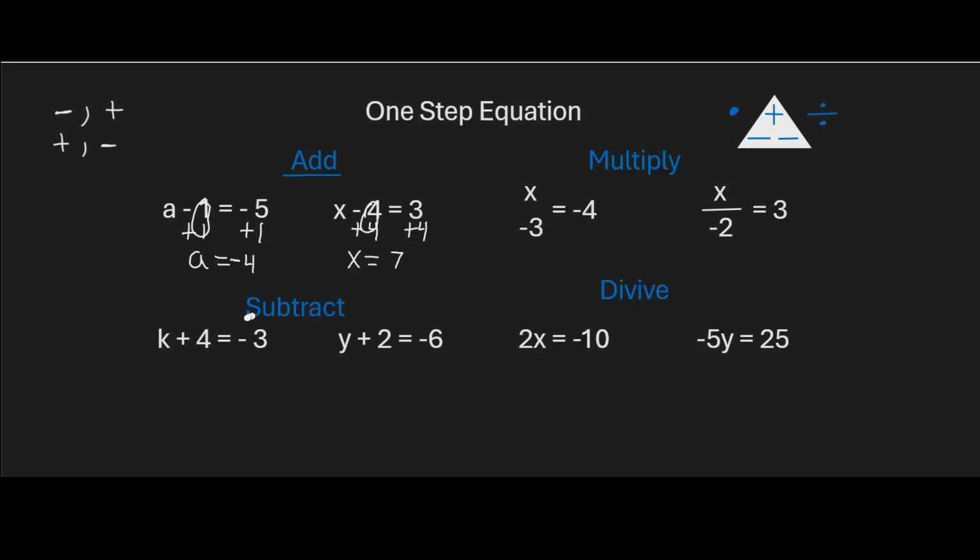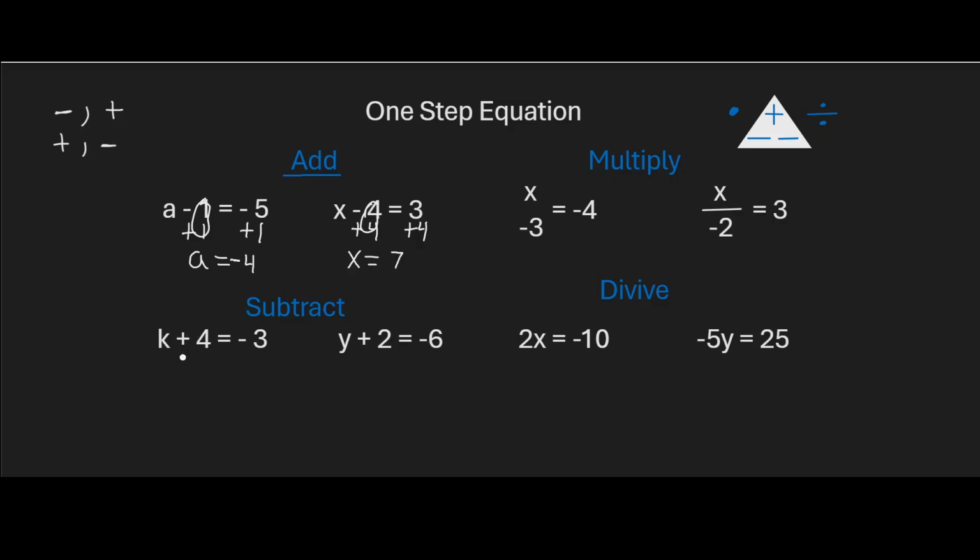Now, for the next one, you see how we're adding 4 to the variable k? Well, the opposite of adding is going to be subtracting. That's why I have subtract. Okay, so now I want to isolate the variable k, to get rid of this 4 because we're adding 4.